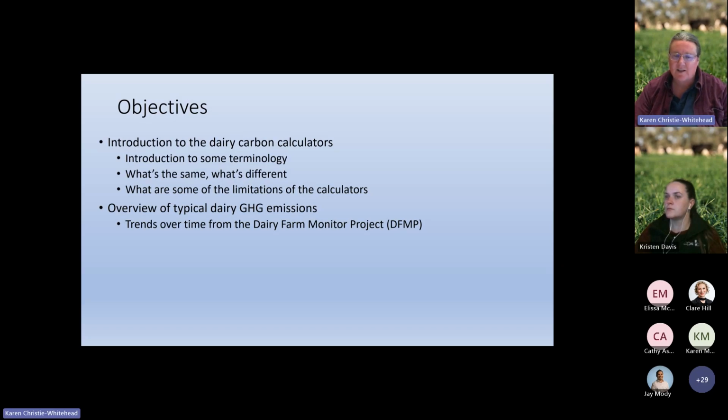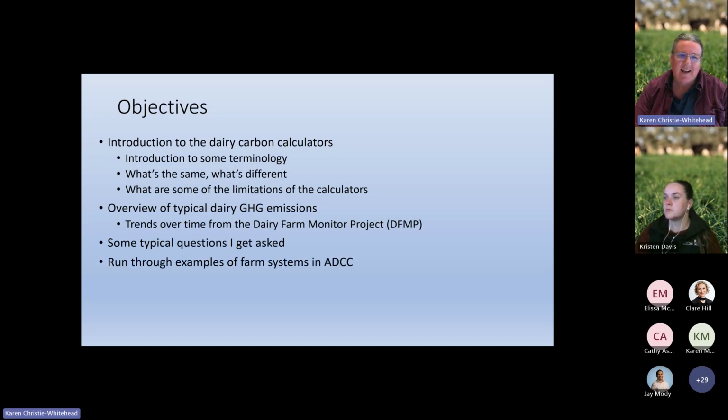The graph that Alyssa put up, I generated that graph, and it's looking at trends over time from the Dairy Farm Monitor project. I'll touch on 2 or 3 typical questions I always get asked, and then we'll launch into the standalone Australian Dairy Carbon Calculator, which is the Excel standalone calculator.